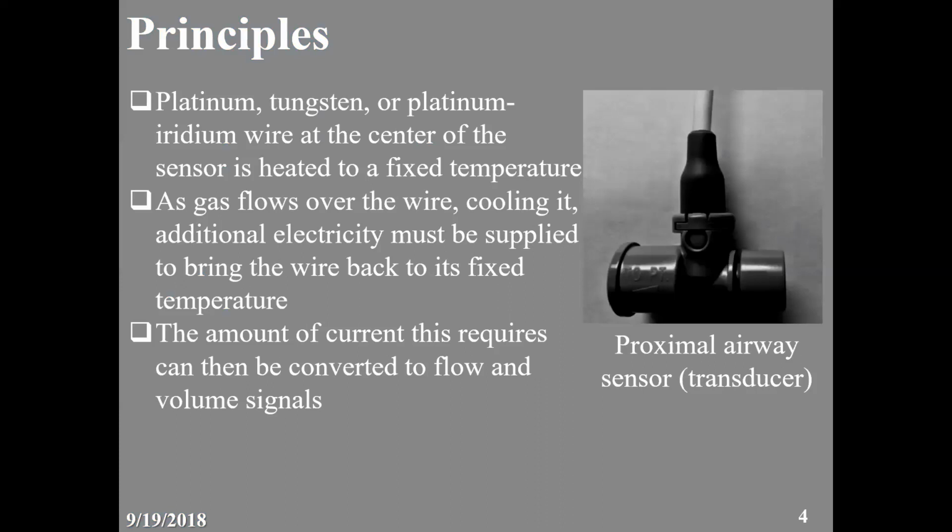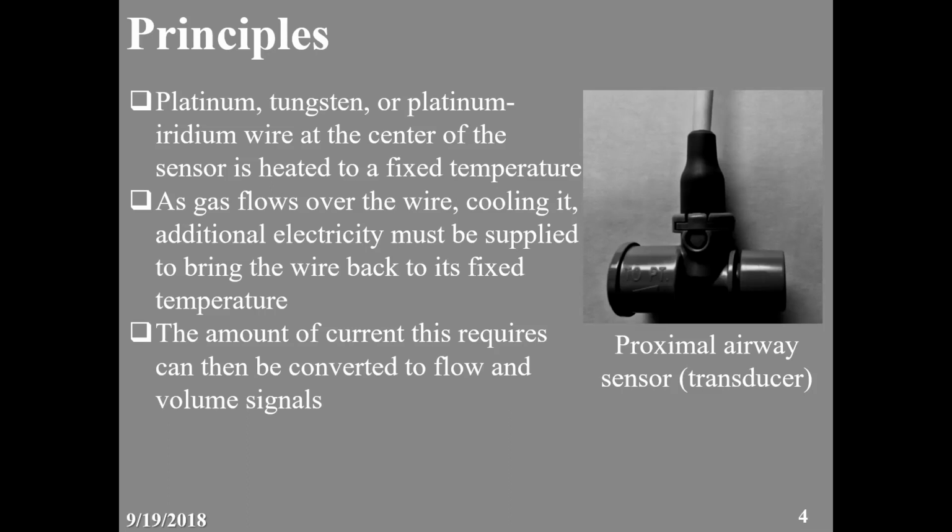Okay, now we have something built in called a flow sensor. It's composed of platinum or tungsten or platinum iridium. It's a wire, and this wire is in the center of a sensor. And the sensor is heated to a fixed temperature. Once the gas flows over the wire, it cools it down. However, the sensor is provided with electricity to return it back to its original temperature.